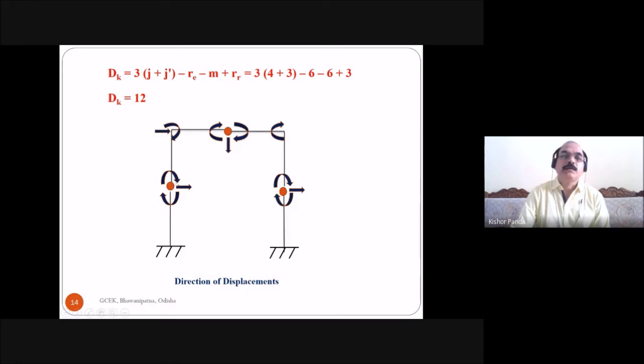Here 3, 9, and here 2, here 1, 11, 12, 9, 10, 11, 12. And here due to the fixed end, there is no rotational displacement, no vertical and no horizontal displacement. Here also due to the fixed end, rotational 0, vertical displacement 0, horizontal displacement is also 0. There is no displacement here and here. So these are the directions of the displacement components.